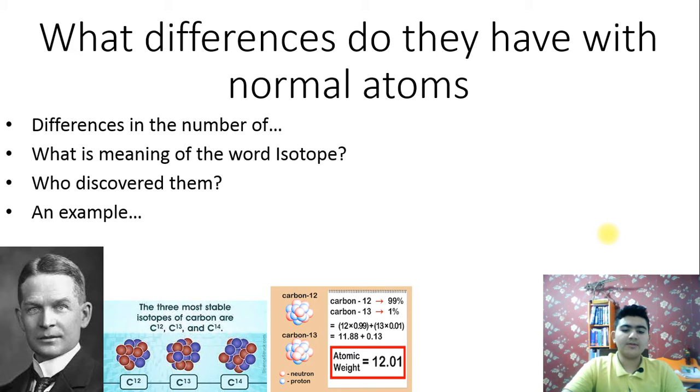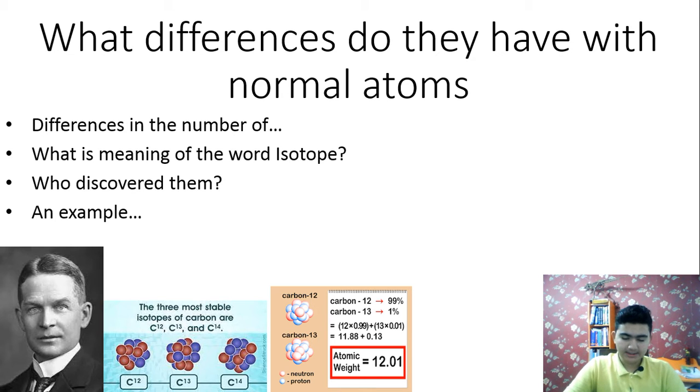As you can see in the bottom picture, we are not writing 99%, we are writing 0.99, which is actually the same thing. We multiply carbon 13 by its percentage, which is 1%, and we write 0.01.